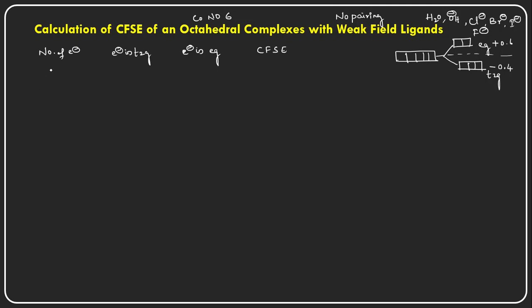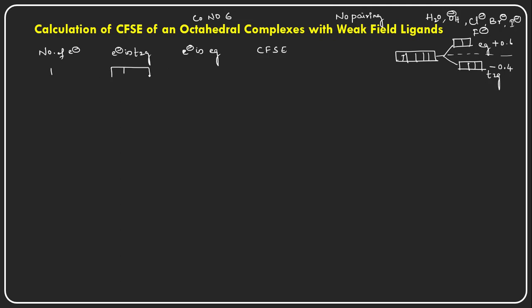So here, if one electron is present in the d orbital, where will it enter? The first electron of the d orbital will enter into the T2g level only.